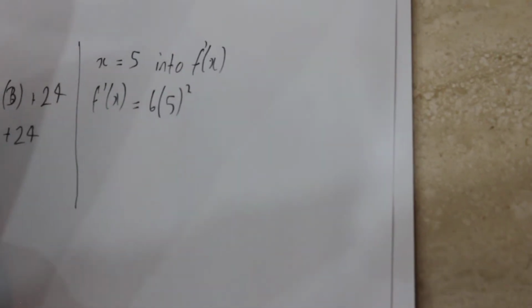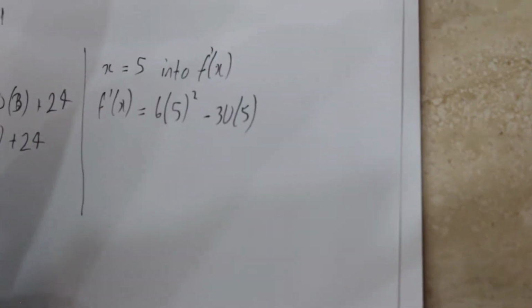So let's test x equals 5 in f dash x. f dash x equals 6 times 5 squared minus 30 times 5 plus 24.